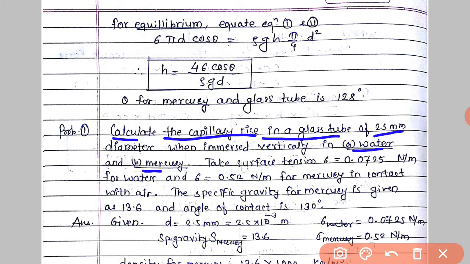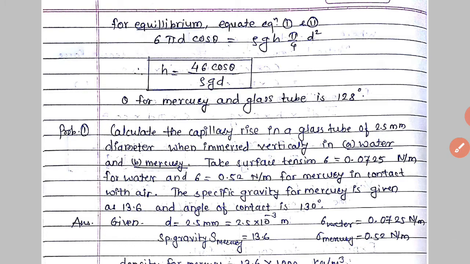The surface tension sigma is given as 0.0725 Newton per meter for water, and for mercury it is given as 0.52 Newton per meter. The specific gravity for mercury is given as 13.6. This is the value of specific gravity, which is denoted by capital S, and the angle of contact is 130 degrees.